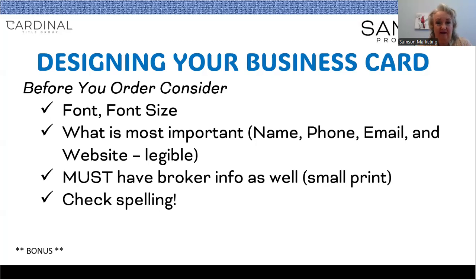Before you move on to preview, stop and check the spelling. Check the spelling, check the spelling, check the spelling. Because I cannot tell you how many times I have seen business cards come through and then there's a spelling error on it. So you don't want to have that happen to you either.